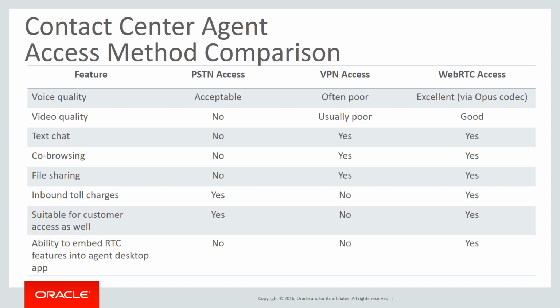And then, like we see here in the list, it helps with inbound charges. Customers are used to using their mobile devices, tablets and web browsers, and it allows you to do everything in that one connected experience inside the browser.